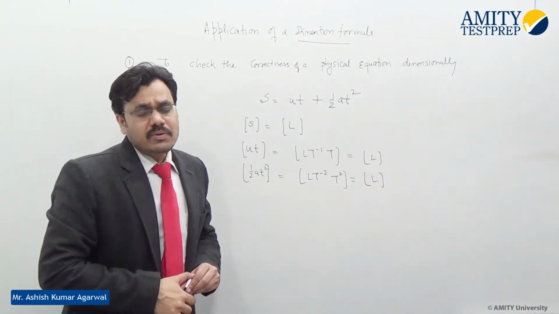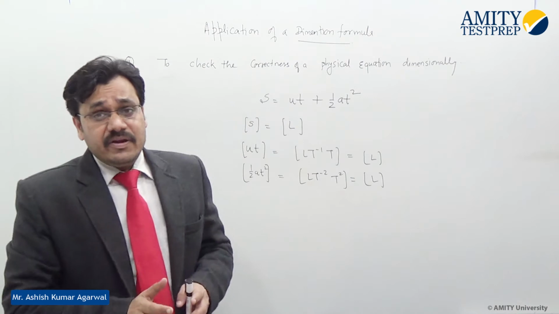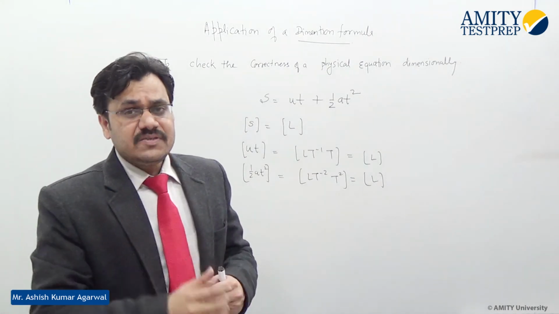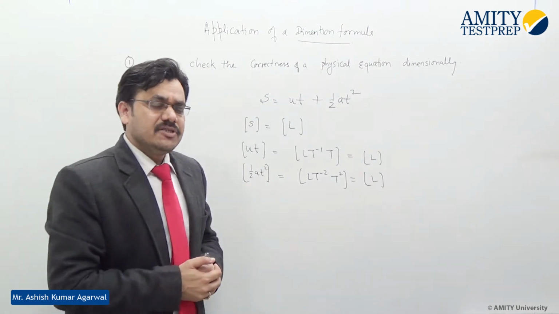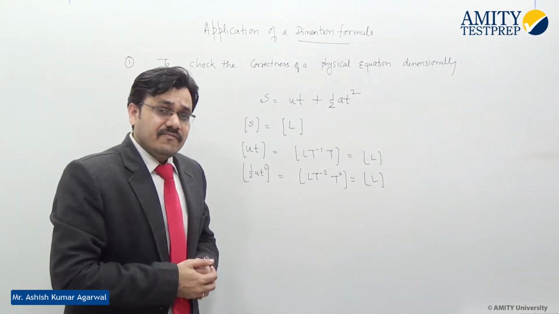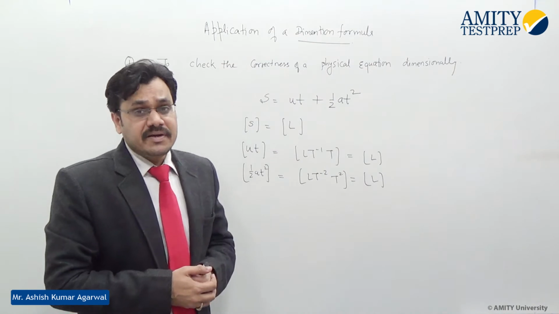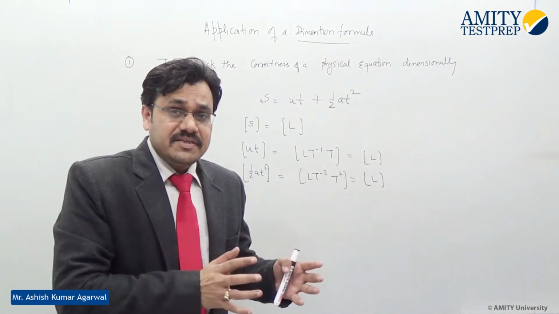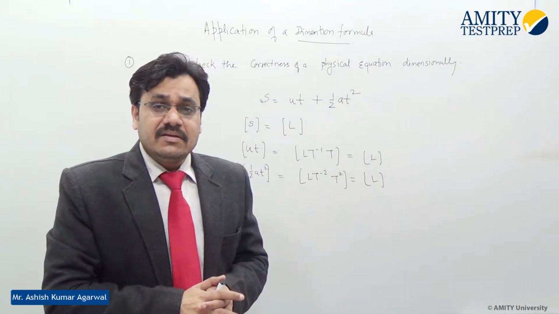So you can see that every term of this physical equation has the same dimension formula. So this formula is dimensionally correct. If the dimension of left side and right side are the same, we can say this is dimensionally correct.